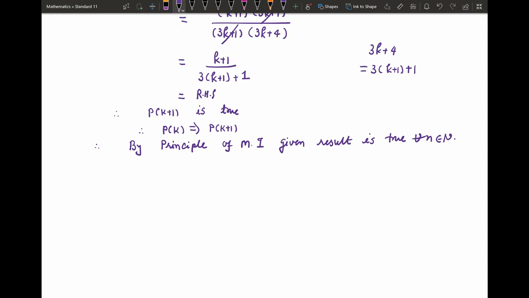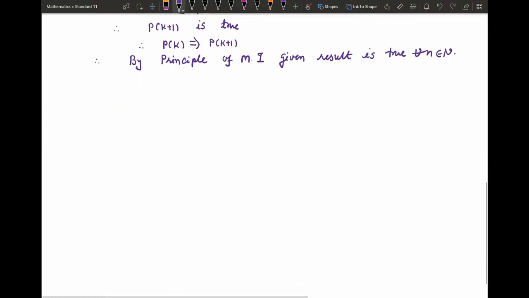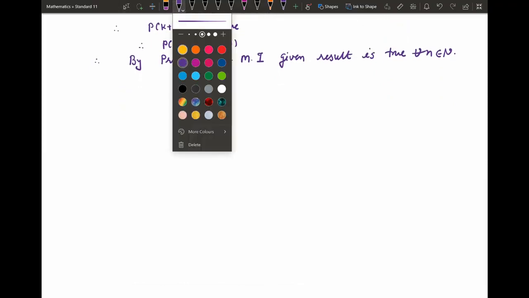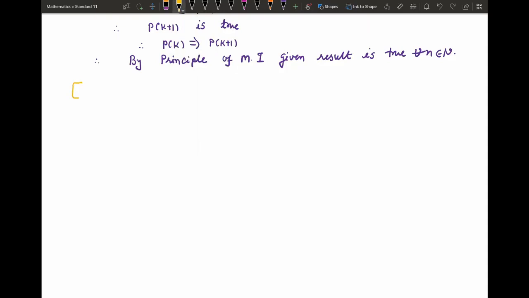Now by the same method you can prove that 1 upon 3 into 5 plus 1 upon 5 into 7 and so on, plus 1 upon (2n plus 1) into (2n plus 3) equals n upon 3 into (2n plus 3).